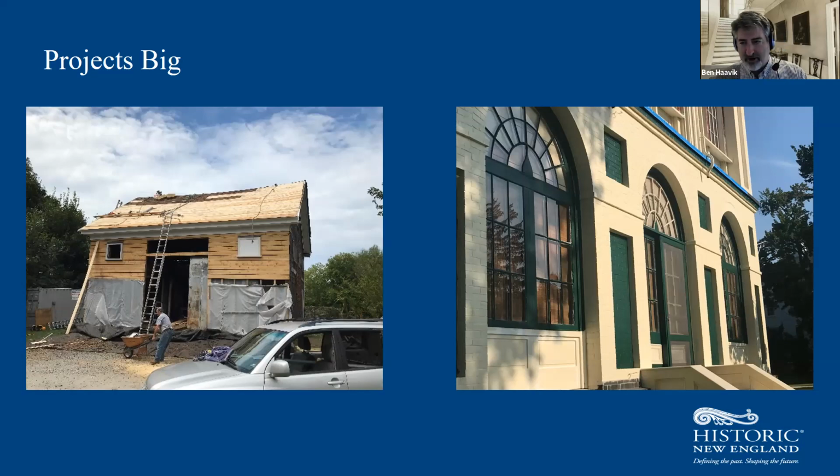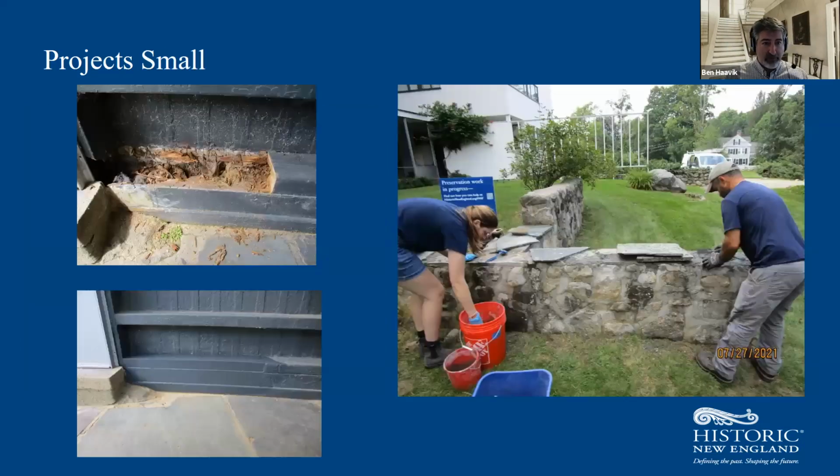And so we're able to do preservation and interpretation projects like that. We also do incredibly small projects, minor splice repair of a rotting piece of wood, or relaying the flagstones on top of the wall at the Gropius House. But it's the same process. It's the same thought process, whether it's small or big, that we go through, and that's what we're going to walk through.